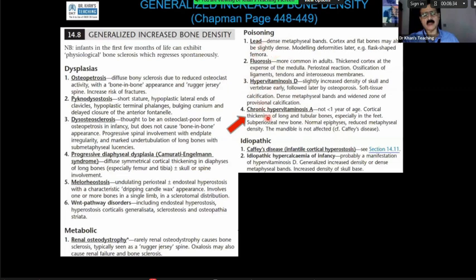Remember all of these in the pediatric age group. The key point to remember is that out of these, only fluorosis occurs in the adult age group. It will cause generalized increased bone density, and is more common in adults, as written here. But these four are in children.